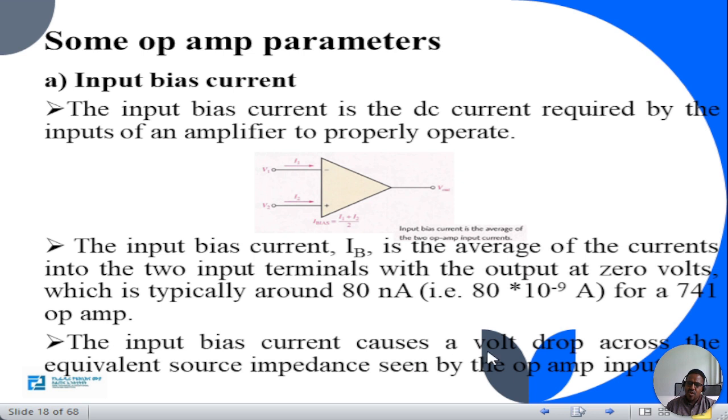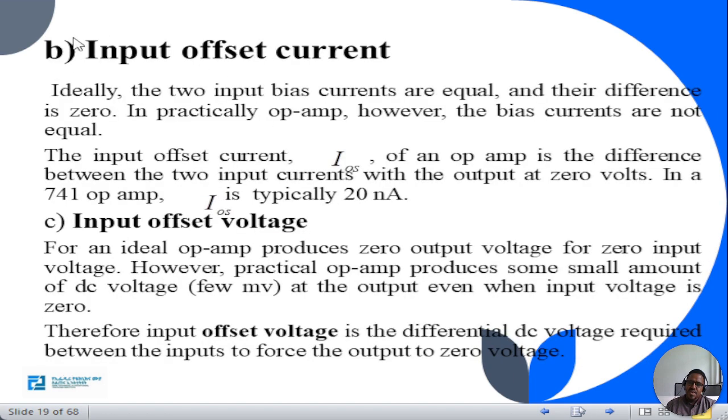The input bias current causes a voltage drop across the equivalent source impedance seen by the op-amp inputs. The second one is input offset current. Ideally, the two input bias currents are equal and their difference is 0. But in a practical op-amp, the bias currents are not equal.